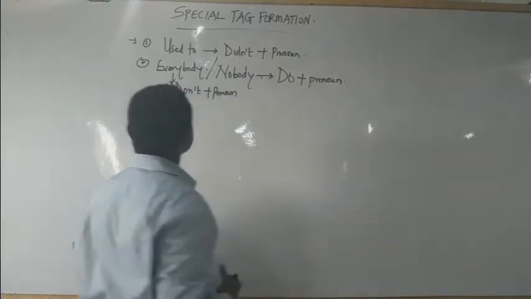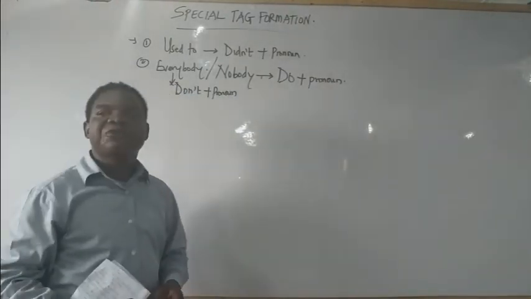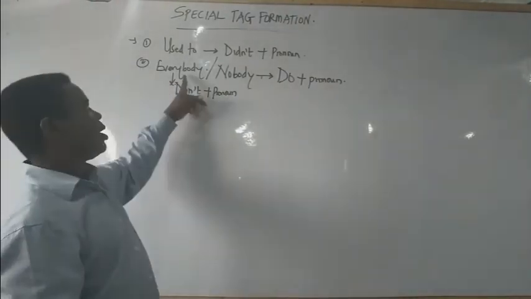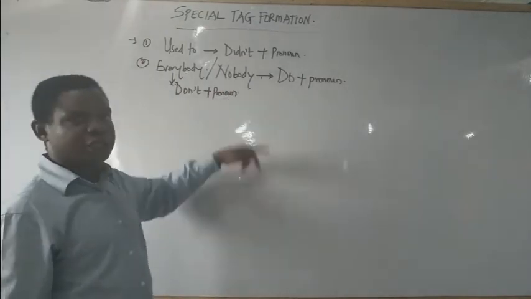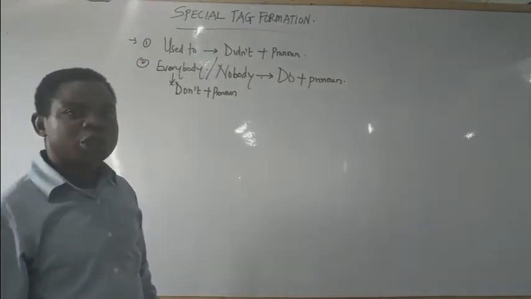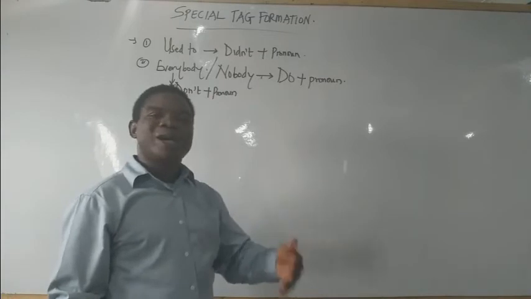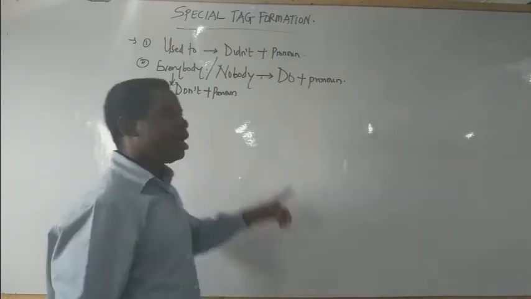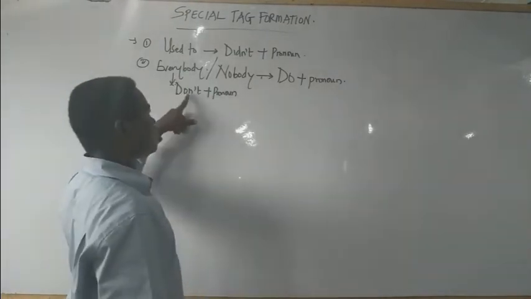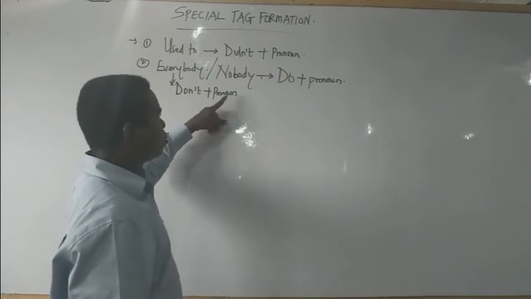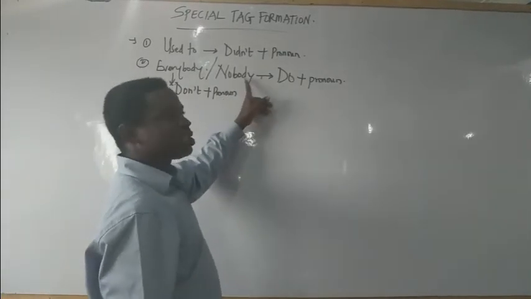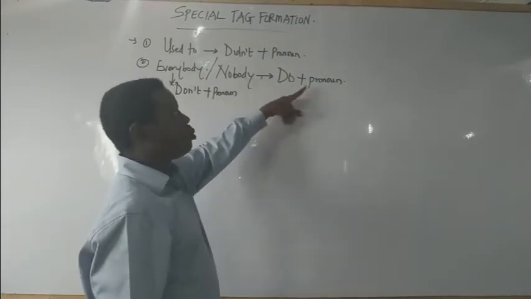Can you see? When indefinite pronouns such as "everybody" and "nobody" are used in a sentence, the question tag for "everybody" will take "don't" plus a pronoun, while the question tag for "nobody" will be "do" plus a pronoun.